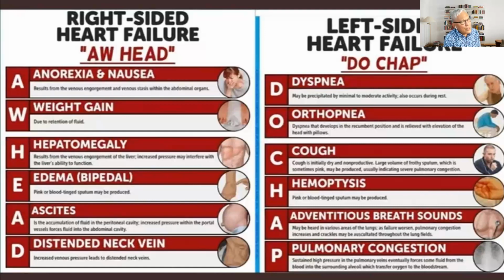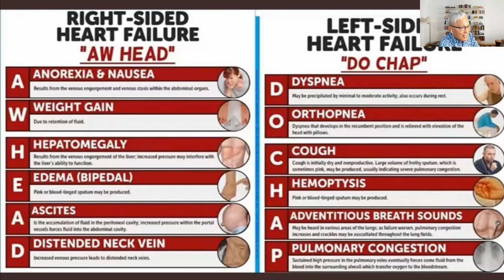I was looking at the YouTube channel, and somebody said, for you to remember right-sided heart failure, remember our head. It might work for some people. AO stands for anorexia and weight gain. Head stands for hepatomegaly, edema, ascites, and distended neck veins.